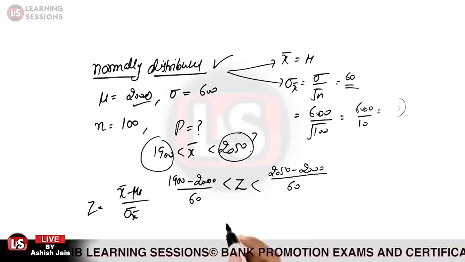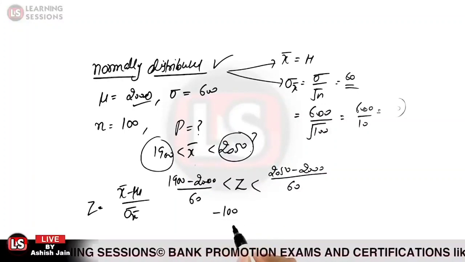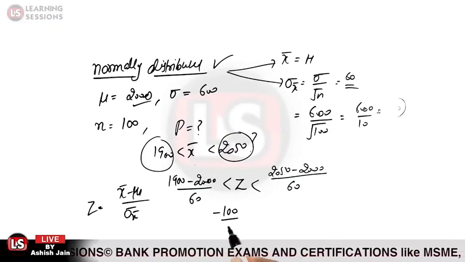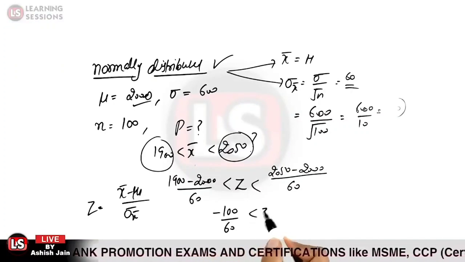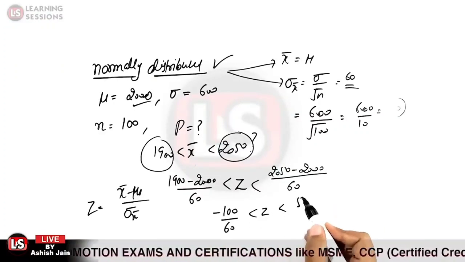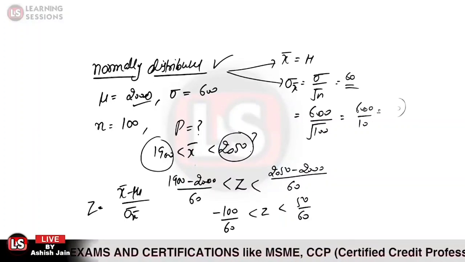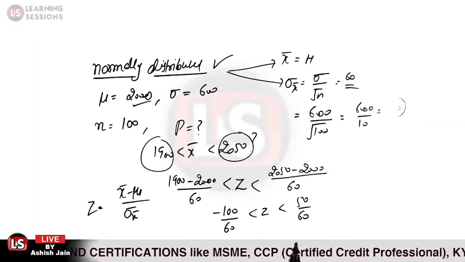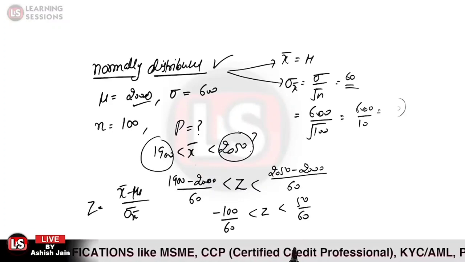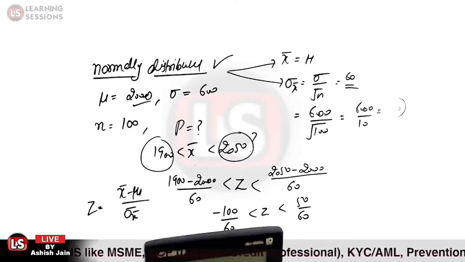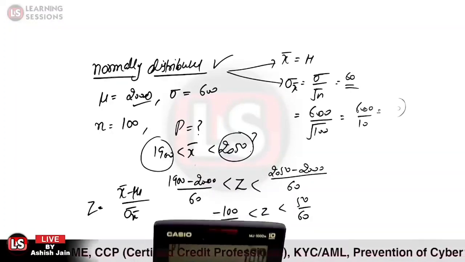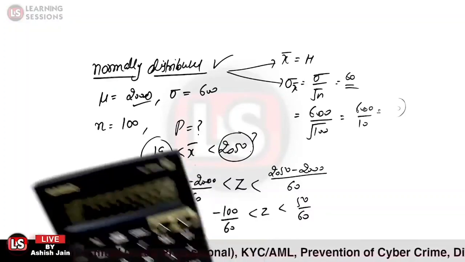So it comes out to be minus 100 divided by 60, and further the z value lies up to 50 divided by 60. What does 100 divided by 60 come out to be? It comes out to be 1.67.